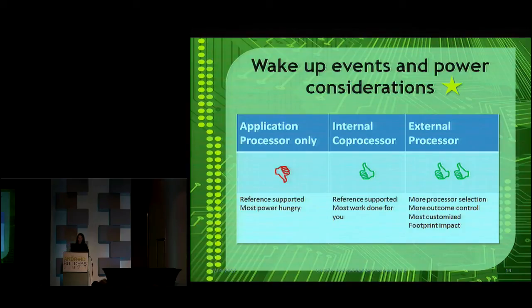When you start looking at the different processors that you could use for this external processor design, you need to start talking to your sensor vendors because they have algorithms. Most of their stuff, their secret sauce, is their algorithms for gesture detection or calibration. I highly doubt they will give it to you in source format. They will only give it to you in binaries.